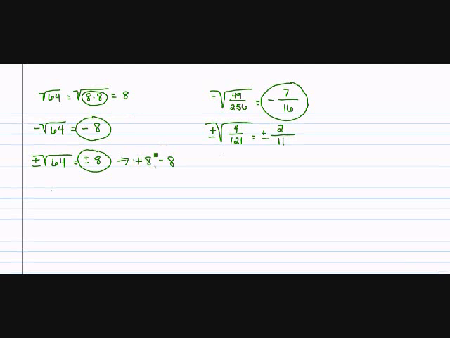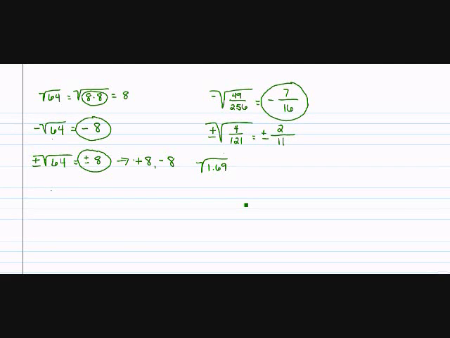Try this one. Radical 1.69. I don't know that one off the bat. I know 2 times 2 is 4, 3 times 3 is 9, 4 times 4 is 16, 5 times 5 is 25, and you keep on going.